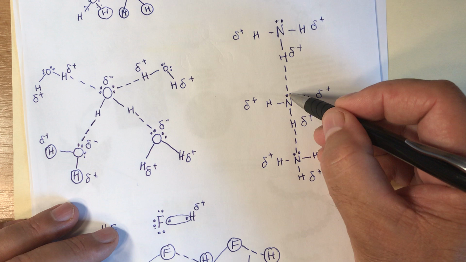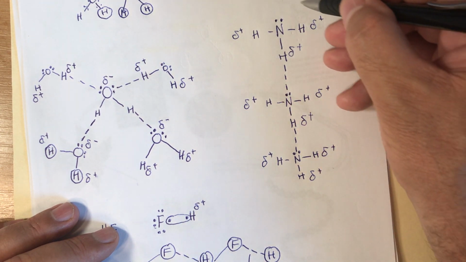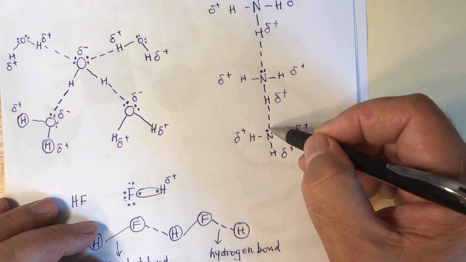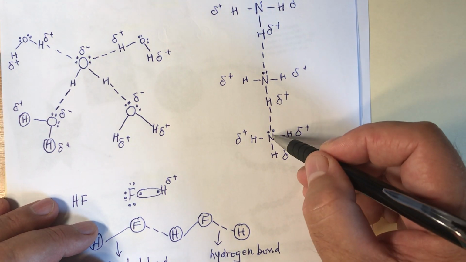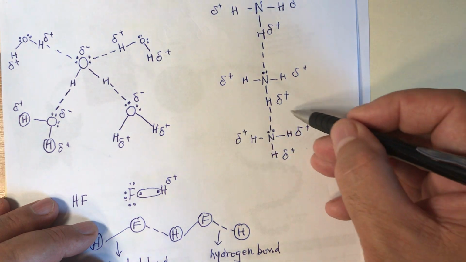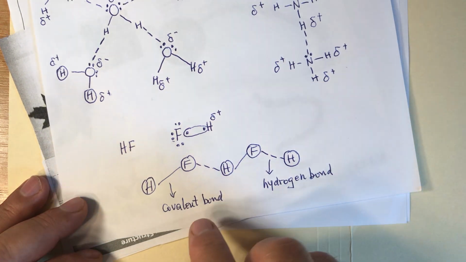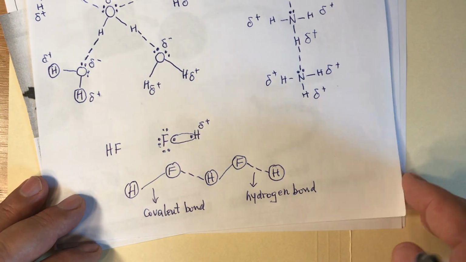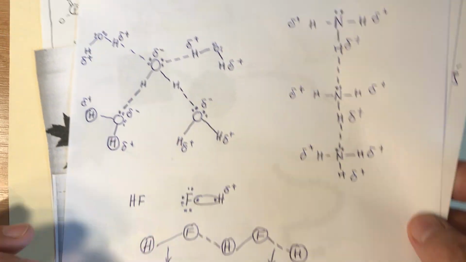It forms 1 hydrogen bond through its lone pair of electrons with one molecule, and another hydrogen bond through a positively charged hydrogen with a lone pair on another molecule. Hydrogen fluoride forms covalent bonds and hydrogen bonds through the lone pairs of electrons and the positively charged hydrogen.